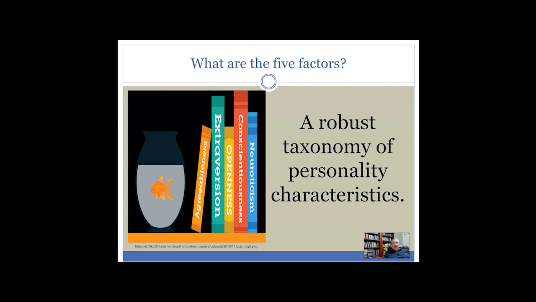Although they do map onto other models of traits, and there is some biological evidence for some of the 5 factors, there is very little biological evidence for agreeableness, conscientiousness, and openness, as you would expect. So, more work needs to be done in this area.